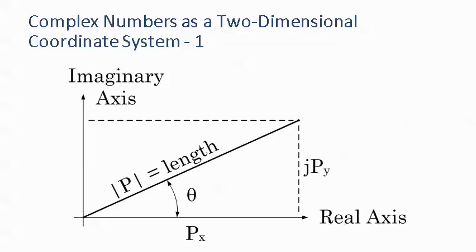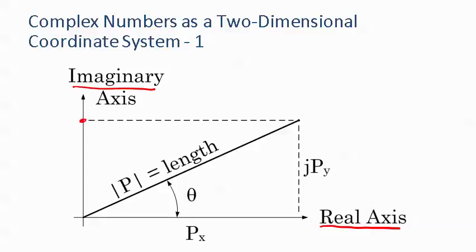A useful concept is to think of complex numbers as being on a two-dimensional coordinate system, where the real axis, the old x-axis, represents real numbers. The imaginary axis is the y-axis, representing the imaginary values.